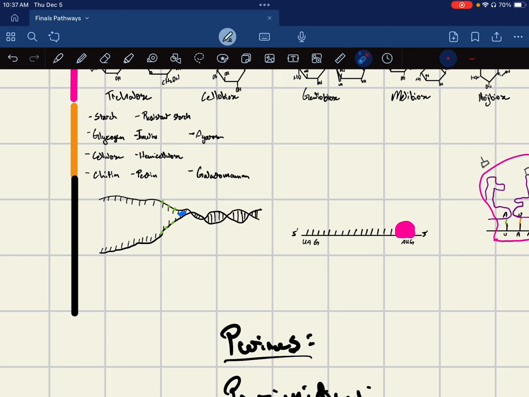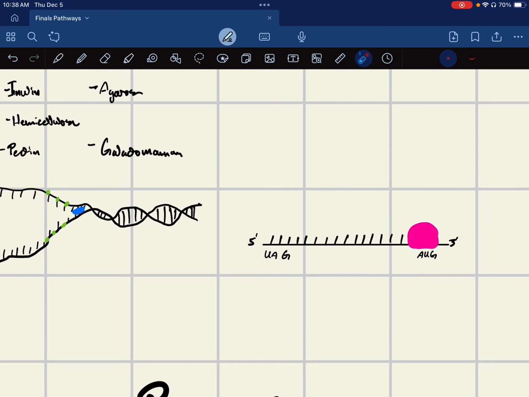It's basically just unzipping that DNA strand, turning it into RNA, where we'll eventually have mRNA coming through. It's reading these proteins that are on it, and it's doing that via looking at these codons we have here.